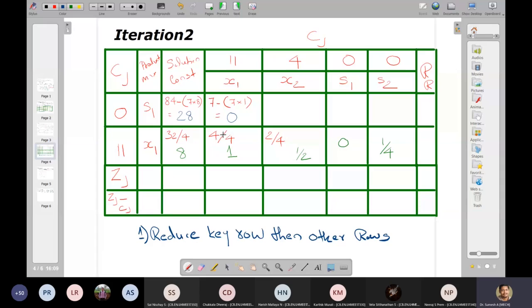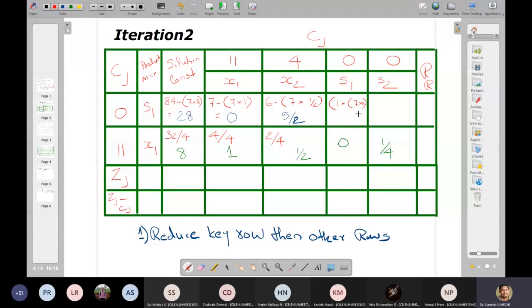Under the x2 column, similarly, it will be 6 minus, inside the bracket, 7 into 1 by 2. So that will be 5 by 2. Under S1, it is 1 minus 7 into 0.